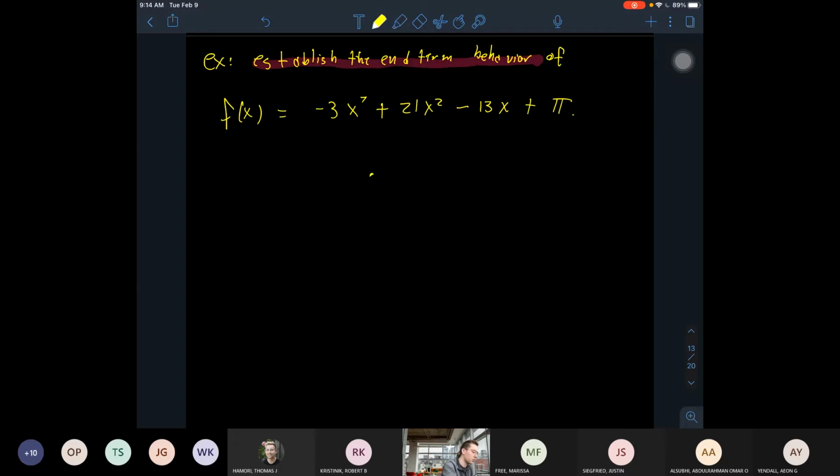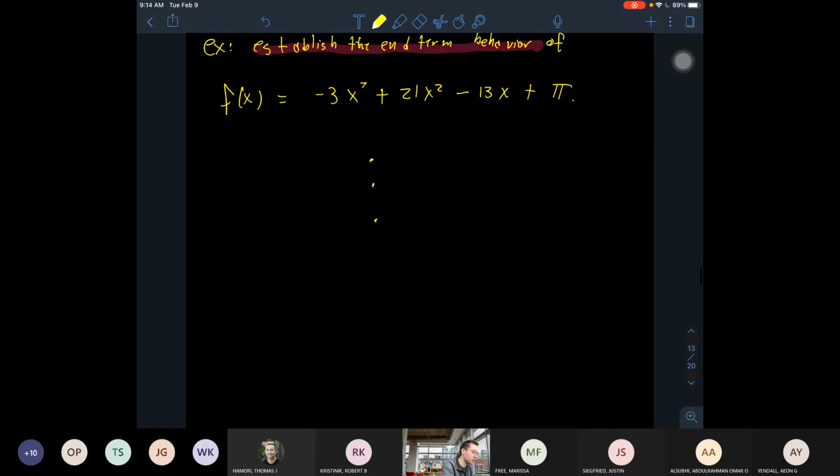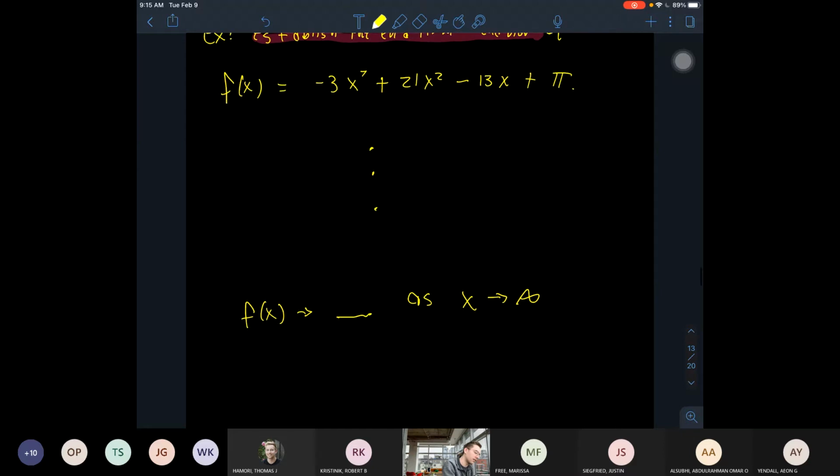Okay, so what we mean by establish the end term behavior is we want to do some work and then eventually write two statements. The first one should be something like f of x goes to blank as x goes to infinity, and f of x goes to blank as x goes to negative infinity.